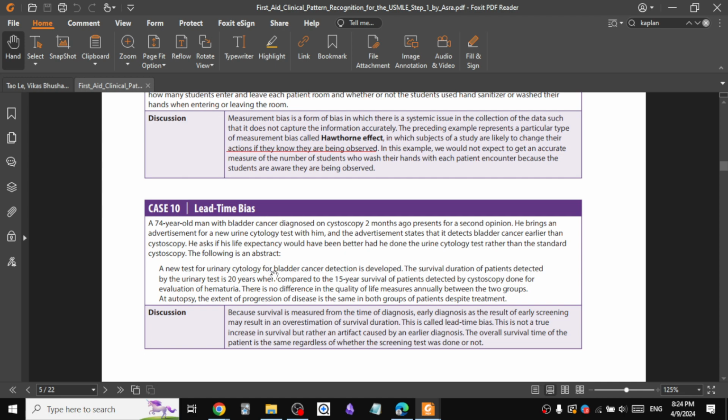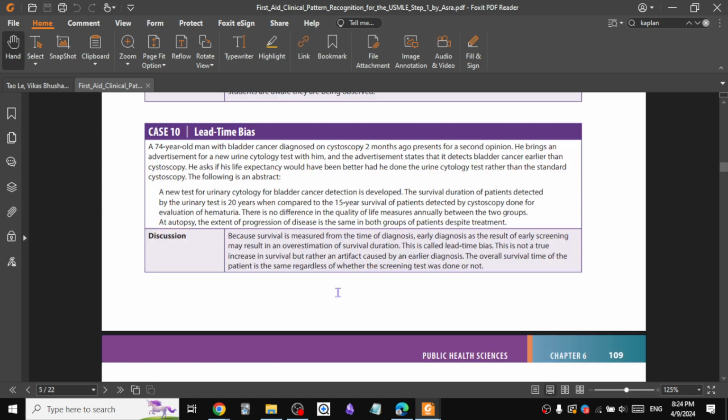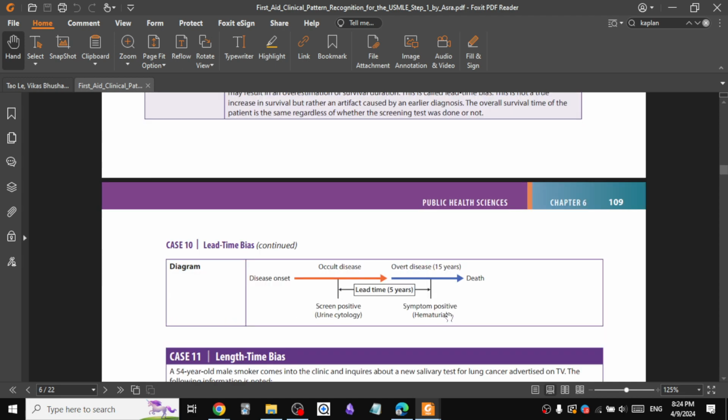Lead time bias, read this, okay? Lead time bias, you see, so this is the indolent part of the disease, right? Occult. So we don't know the disease was there. And I screened it here, and overt disease happened after this, right? So symptom positive, screen positive.